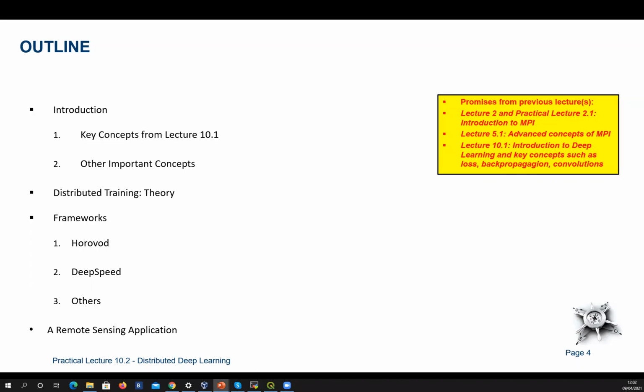I want to stress this very important point, that some of the concepts that are crucial in my lecture are very much related to lecture 2 and practical lectures 2.1 and 5.1 of this HPC course by Professor Riedel, because much of the base upon which these distributed deep learning frameworks are built is mostly MPI.